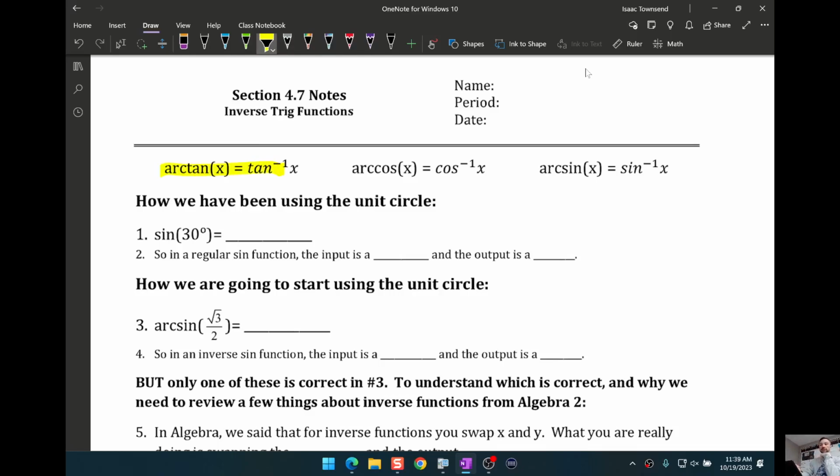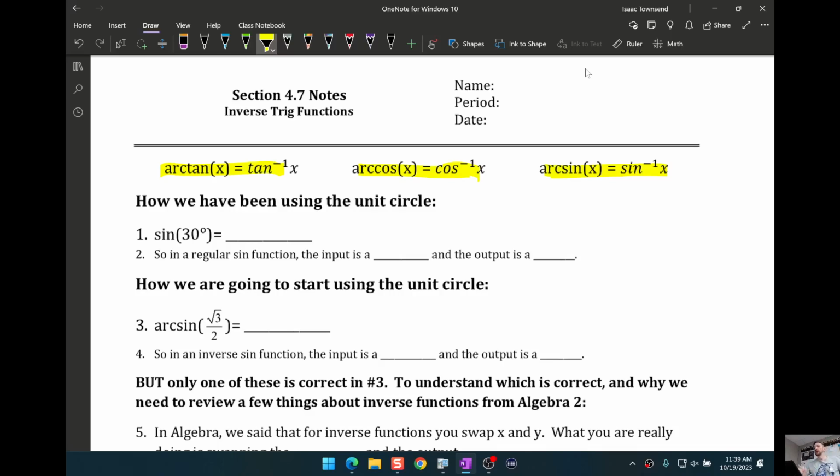Instead of saying inverse tangent, we might say arc tangent. Instead of saying arc cosine, we might say inverse cosine. Inverse sine and arc sine are the same thing, just different ways to write it. I think this is still pretty popular because if you wanted to type this and you didn't know how to do the little exponent looking thing, then it's a good way to still type it out.